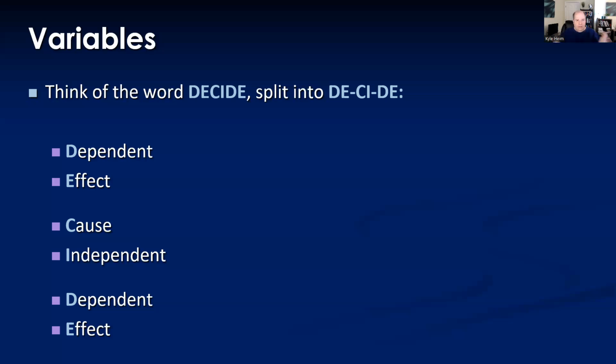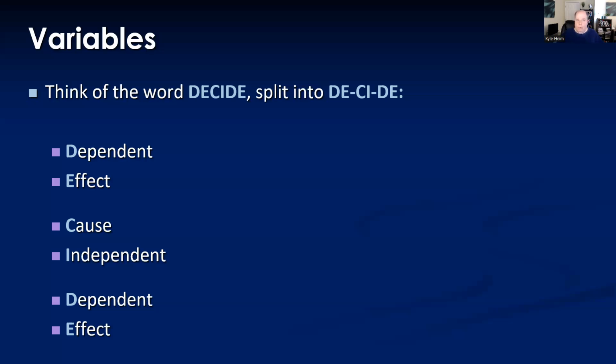Okay? You can even take it a step further and look at the next two letters in decide, which are C and I. C is cause, I is independent. The cause is the independent variable. And then the last two letters, again, are D and E. Dependent is effect.